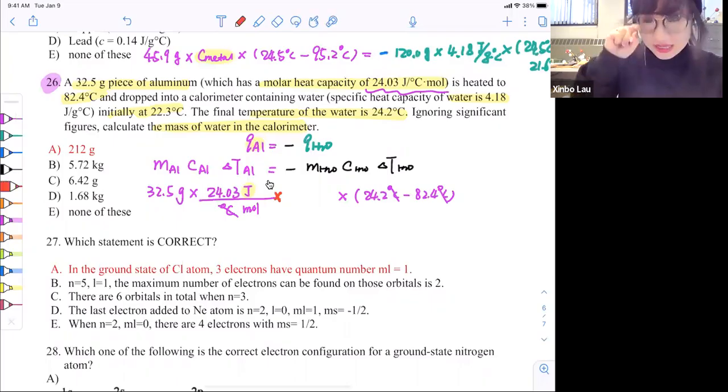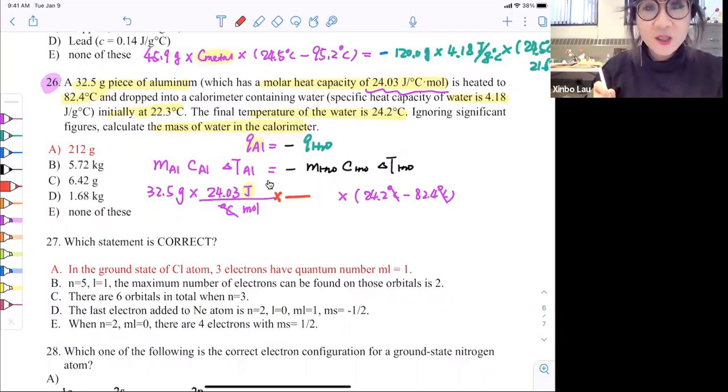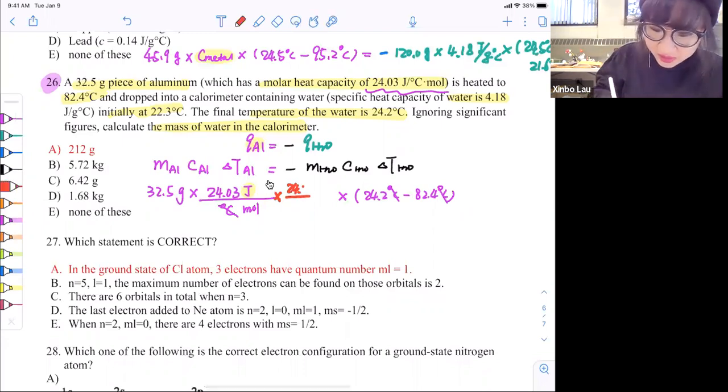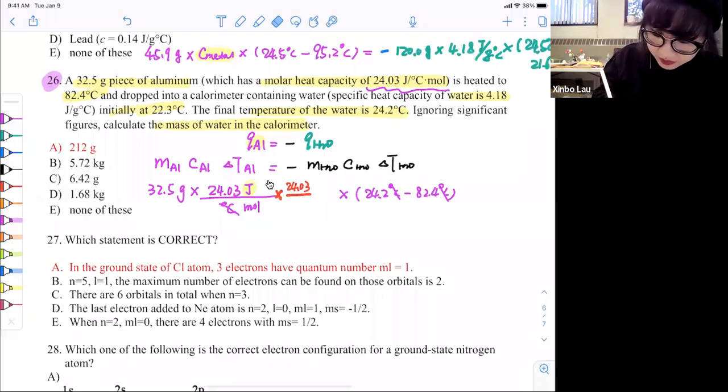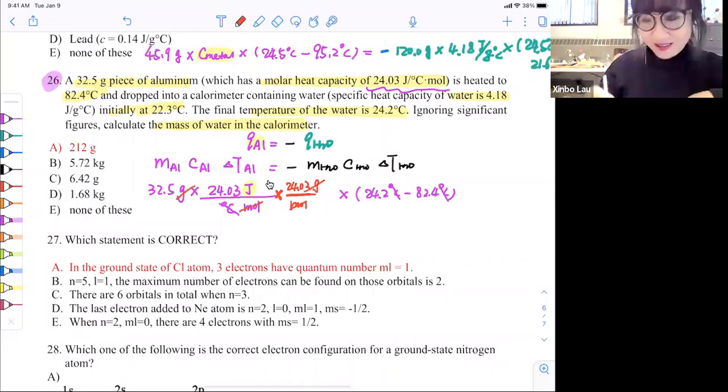Molar mass of aluminum, you go to the periodic table, and that's 24.03 grams per mole. Grams cancel out, moles cancel out, and now we just get joules, as we want.